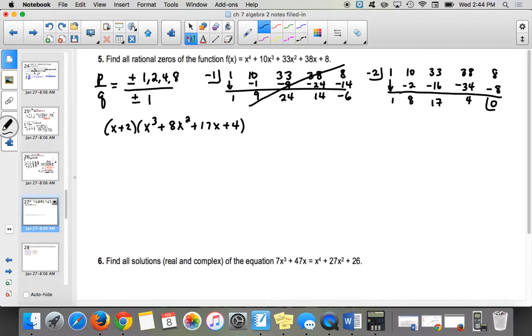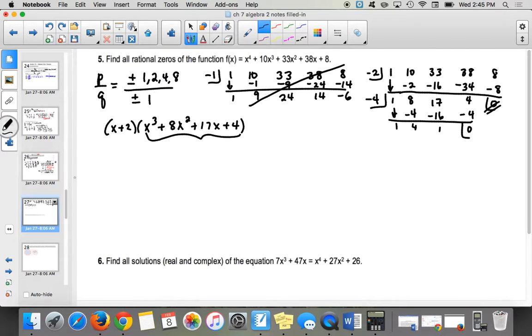We go again. So what do you want to try? Anybody get one that works? Negative what? -4. So we drop the 1, -4, 4, -16, 1, -4. Because we're now trying to factor this one. You never want to go back up to the original. This is a good point to make. Don't go back to the original because our whole goal is to slowly factor down, right?